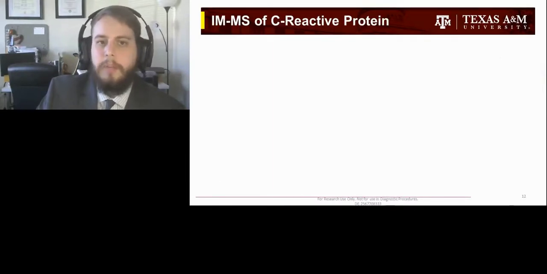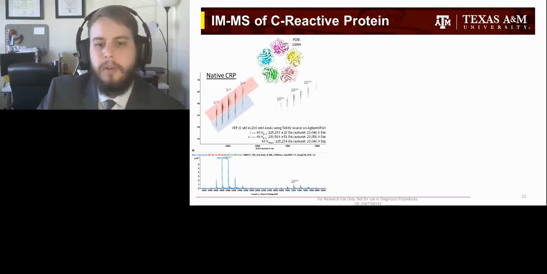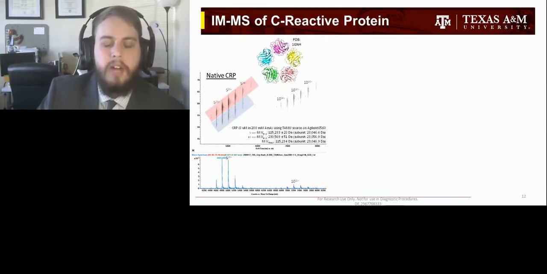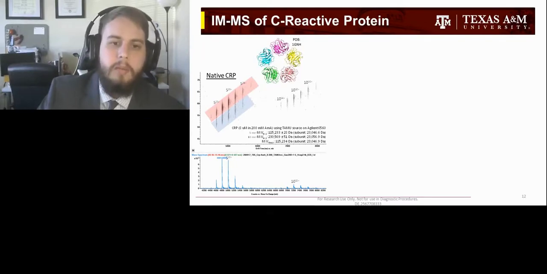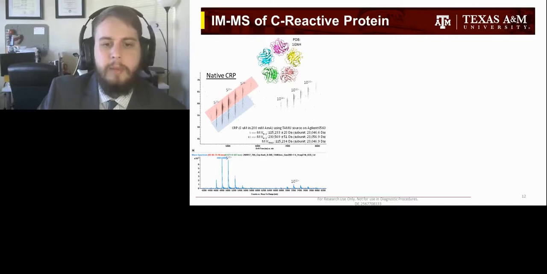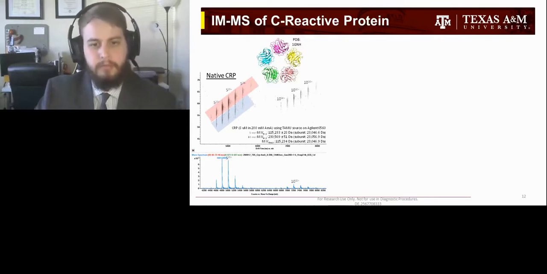We've also looked at ion mobility mass spec of C-reactive protein, which is a pentameric protein complex of around 115 kilodaltons. In our native spectra from ammonium acetate solutions, we see a nice distribution of our intact pentamer, as well as some dimers of those pentamers, seen as decamer signals.